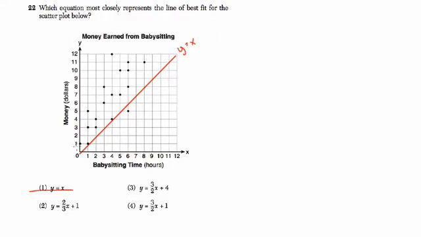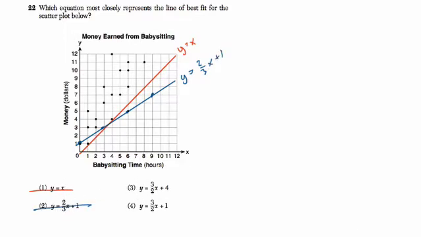Let's do 2/3 x plus 1. So graph that in blue. So here's 1, and the slope of 2/3 just means up 2 over 3. Up 2 over 3, up 2 over 3. You can see that this slope brings us a line that is even worse than y equals x, and that was y equals 2/3 x plus 1. Alright, so it's going to be one of these two.